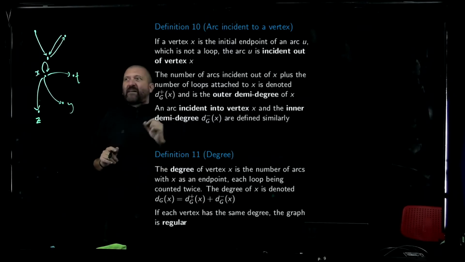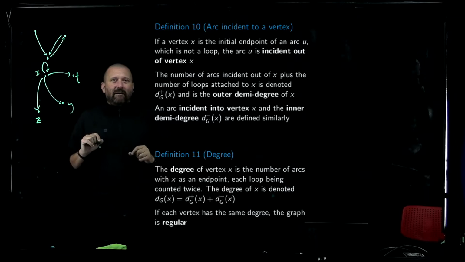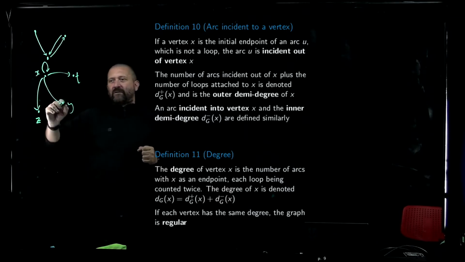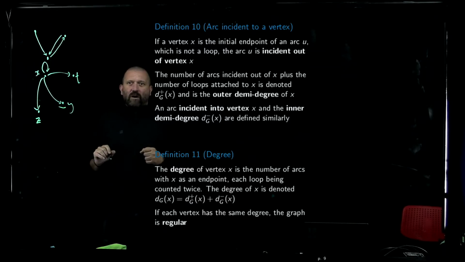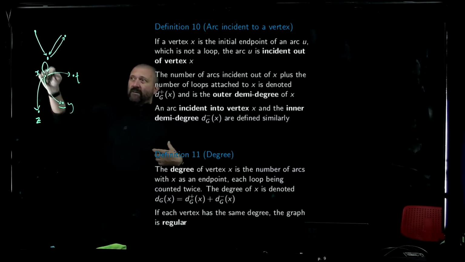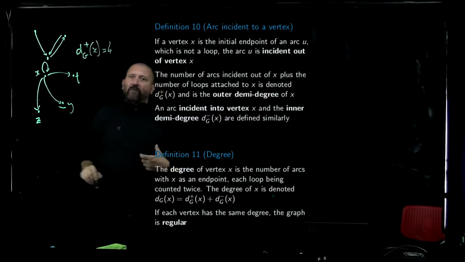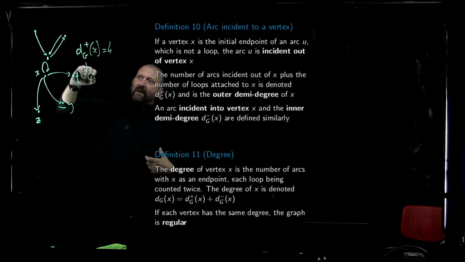And the same way, we can talk about the inner degree. For example, if I take this vertex y here, its inner degree is 1. So dg plus of x here is equal to 4, and dg minus of y is equal to 1.